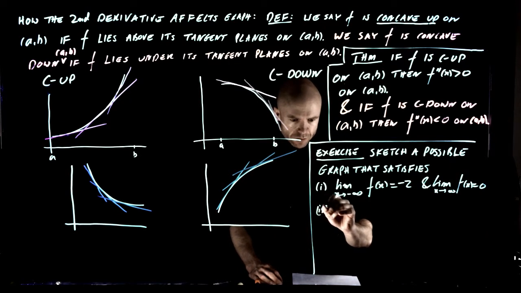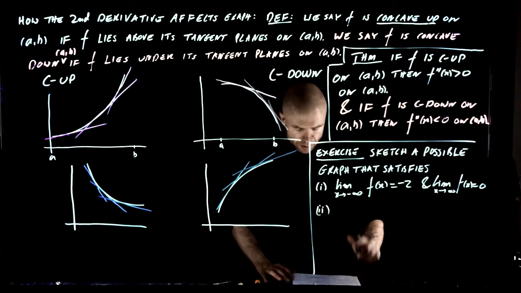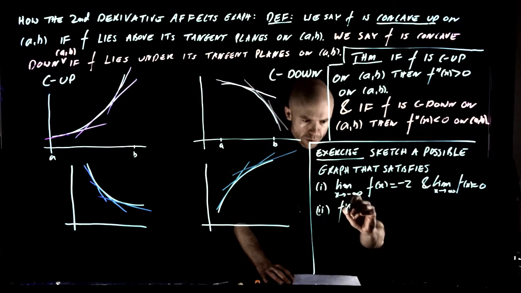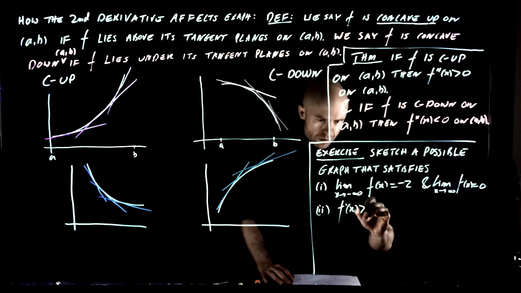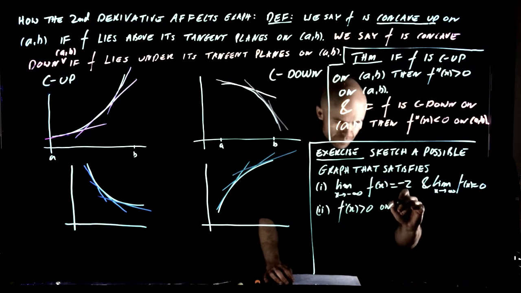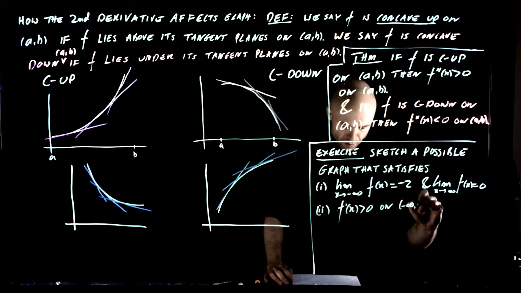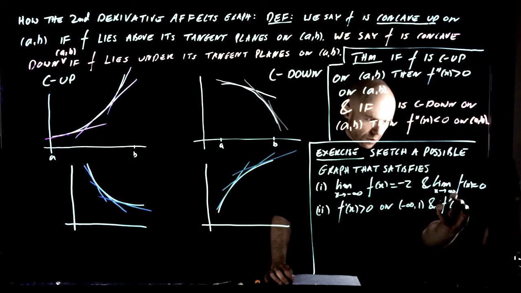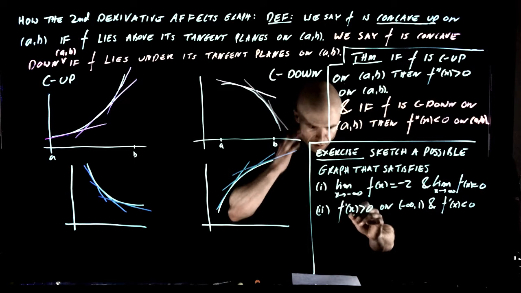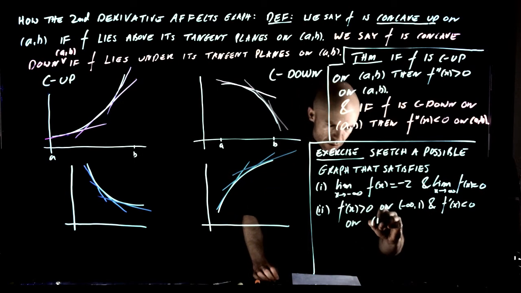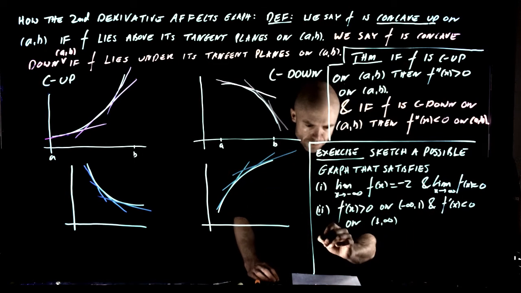The second piece of information is that f prime of x is bigger than 0 on (minus infinity, 1), and f prime of x is less than 0 on (1, infinity).